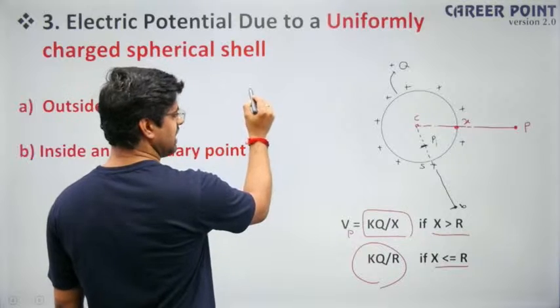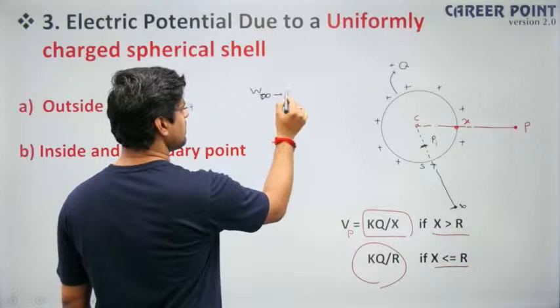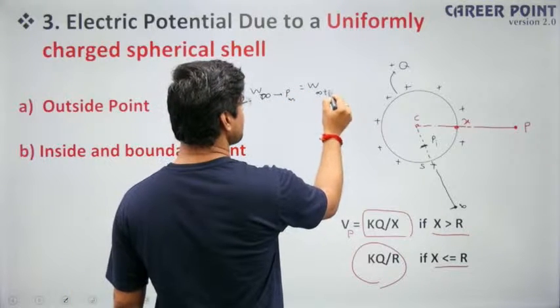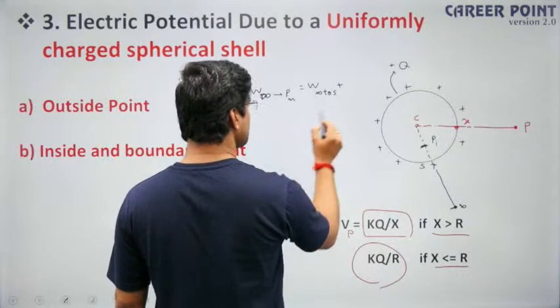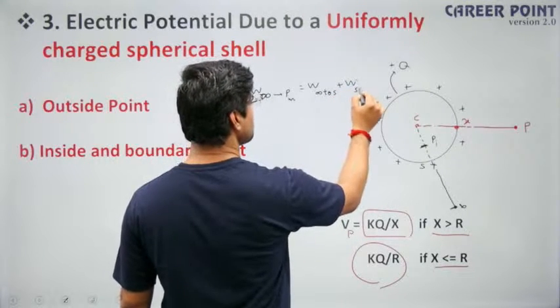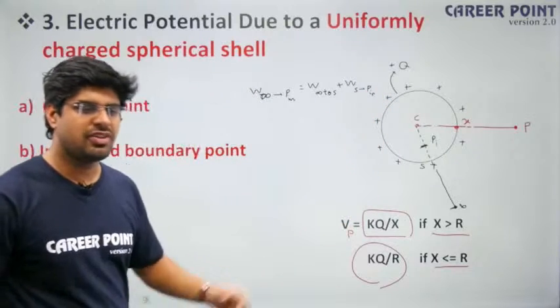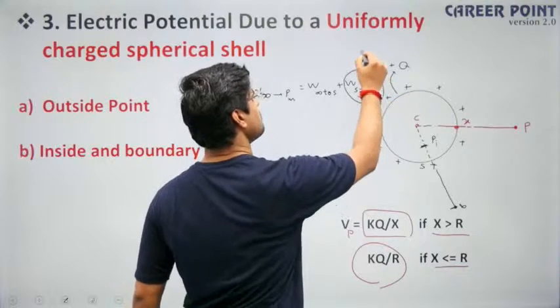So the total work from infinity to P in equals the work done from infinity to the surface plus the work done from the surface to P in. The work done from the surface to P in will be 0.